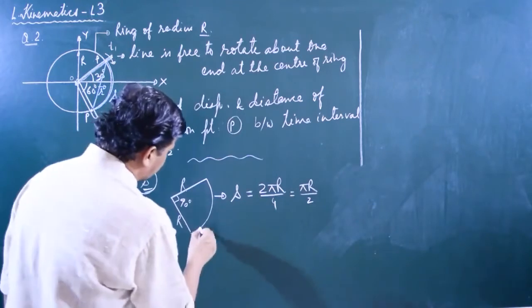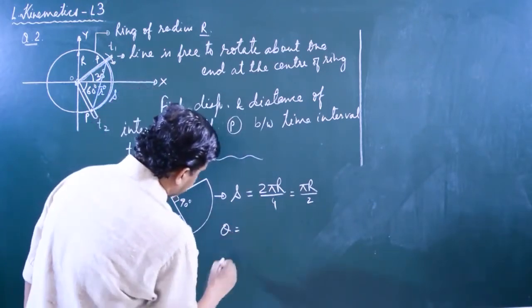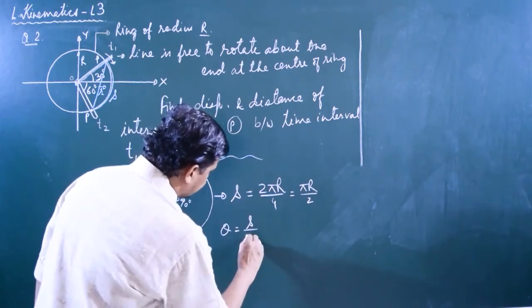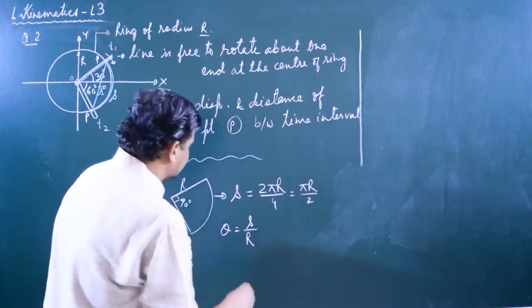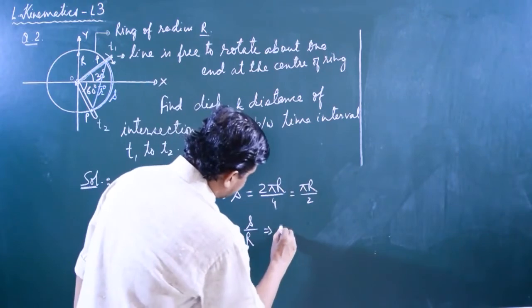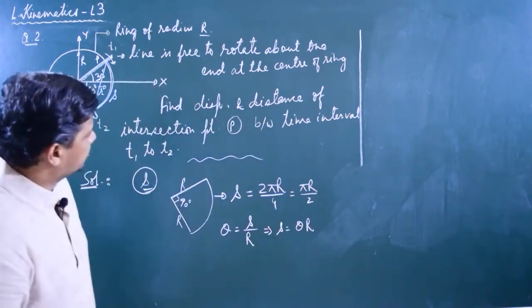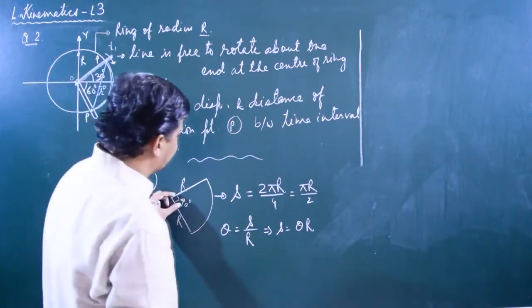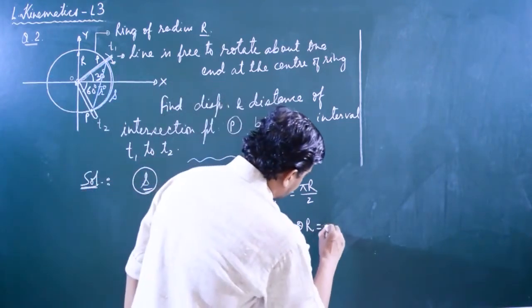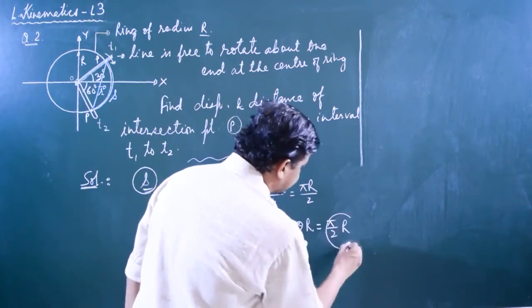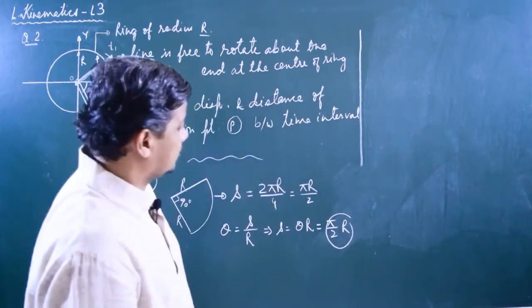Also you may use the formula theta is equal to arc length divided by radius r, so S is equal to theta r. Theta here is 90 degrees or pi by 2, so it is pi by 2 into r. This is the distance covered by the particle.